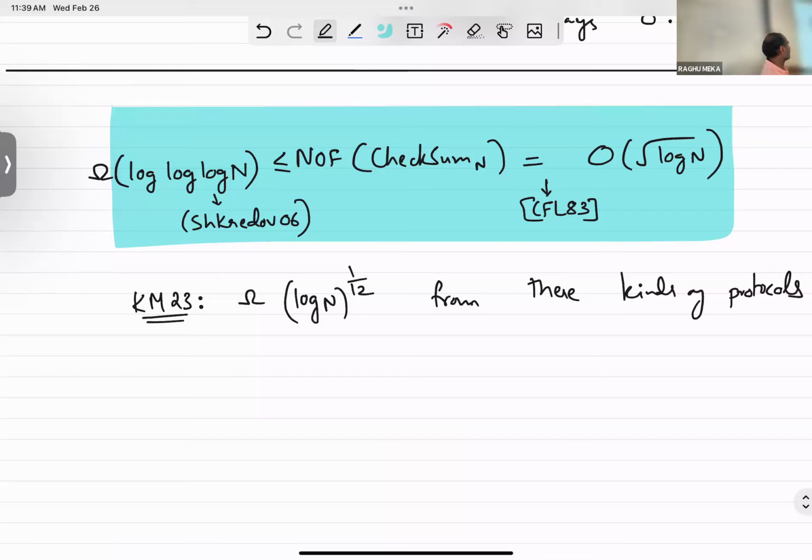Okay. And I said, showing this triple log is highly non-trivial. It requires many things from number theory, Fourier analysis, and all the other stuff that people tried for the 3AP problem. But if you peel that off, you just have a communication complexity question that we are trying to answer.